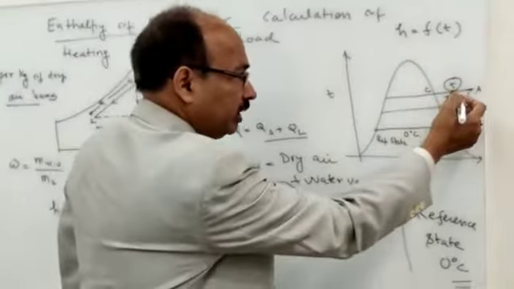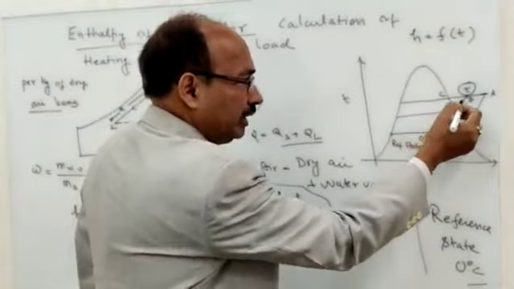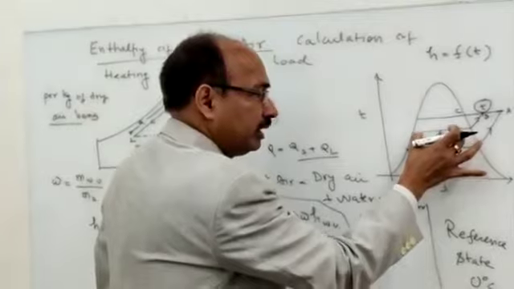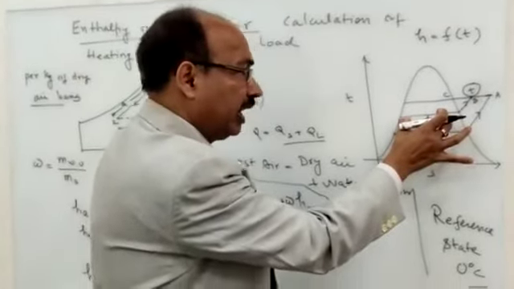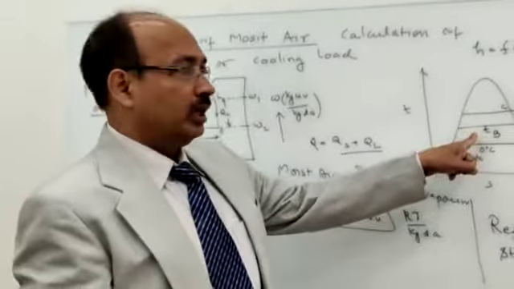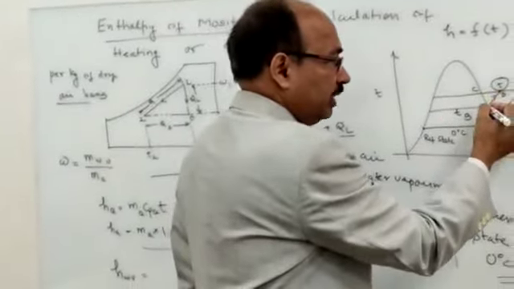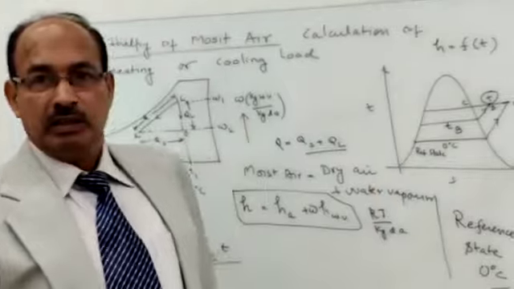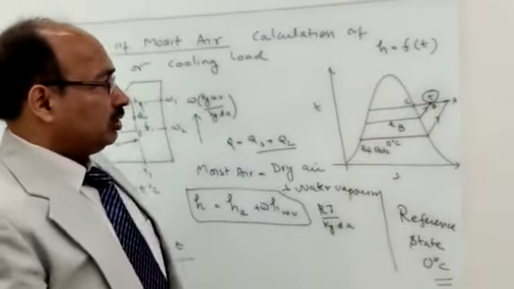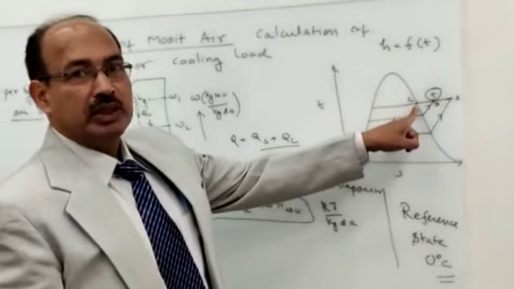For finding enthalpy at B, you have to find out what is the temperature here, TB, find out latent heat corresponding to this temperature and the saturation pressure corresponding to this temperature, and add superheat from TB to the actual temperature T. Similarly, for this state, you just have to find what is the saturation enthalpy here.